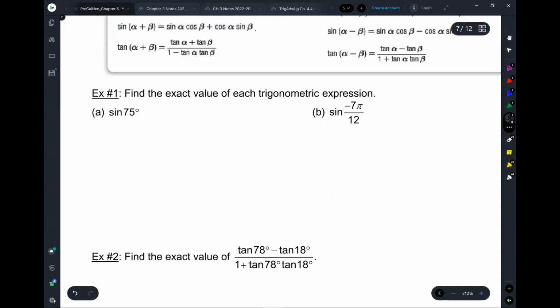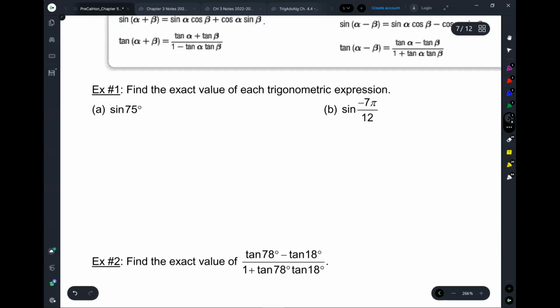So look at sine of 75. 75 is not a special angle, but we can write it as 45 plus 30. So why don't we go ahead and do that? I'm actually going to do 30 plus 45, just because. So this is going to be sine of 30 plus 45.